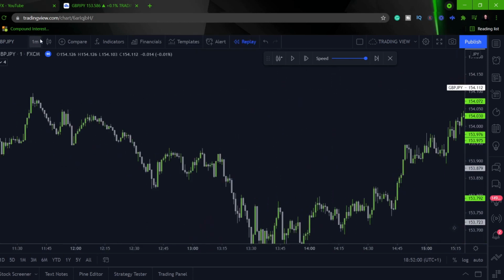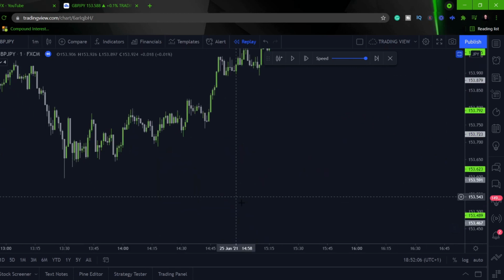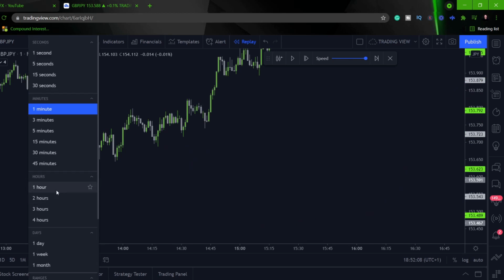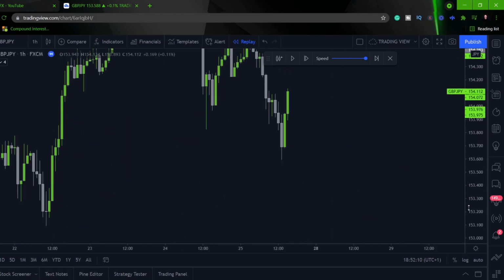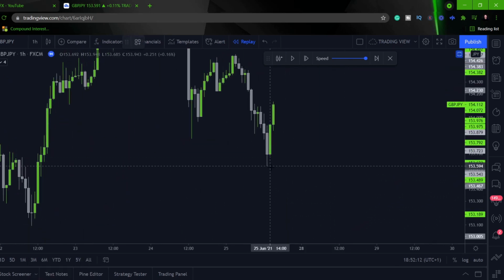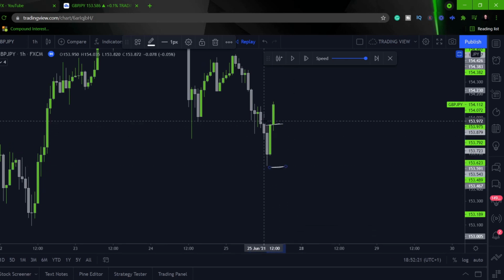What is the last down candle before the up move on an hourly can be a lot of manipulation on a 1 minute time frame, as we've just seen. So if we move out to the hourly time frame, this whole move here is the last down candle before an up move. So this is how a lot of people define an order block, the last down candle before an up move, right?